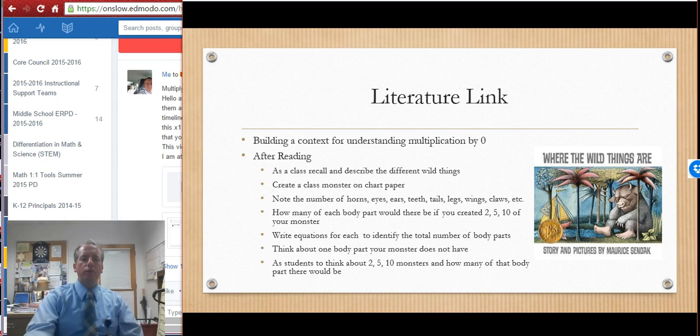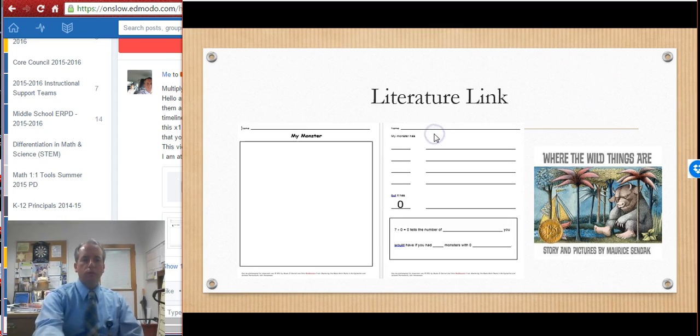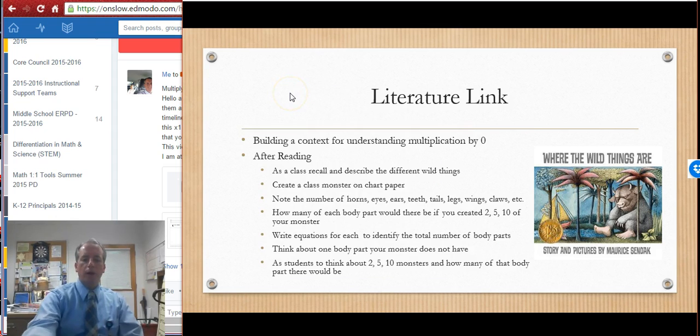And then we move forward and say... Let me go back one real quick. What if we thought about a body part that our monster does not have? So let's say that our monster did not have horns, for example. So we chose no, we're not going to use horns, or there's some other body part that our monster doesn't have.